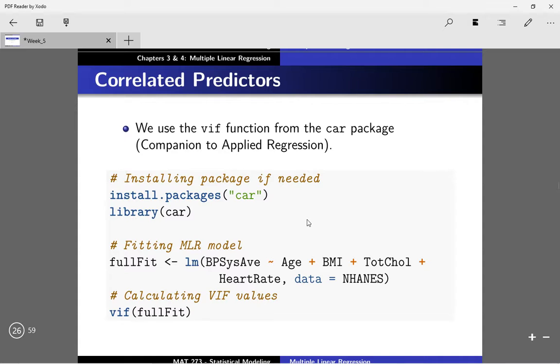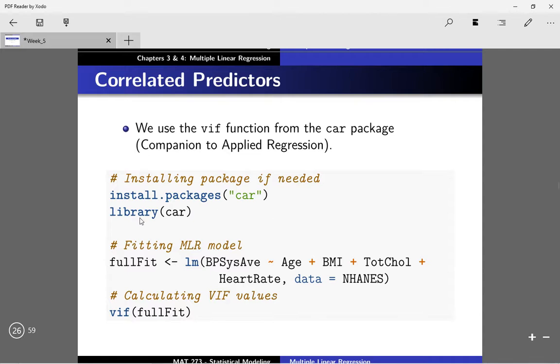So to calculate the variance inflation factor in R, there's no function in base R, so the prepackaged sets of functions that come with R already. But there is this nice Companion to Applied Regression R package, the car package. So we can install it using this code, install.packages, which we only have to run once.